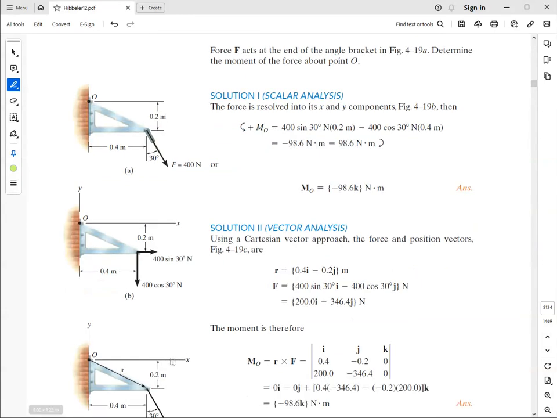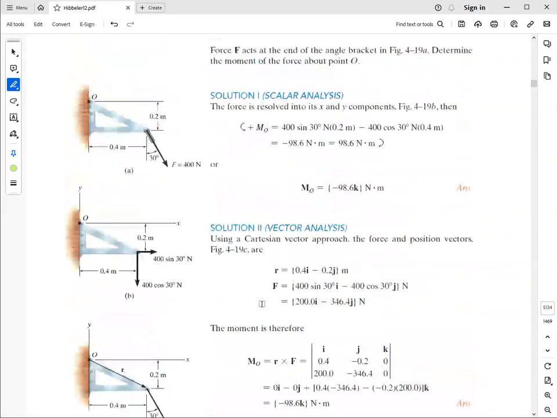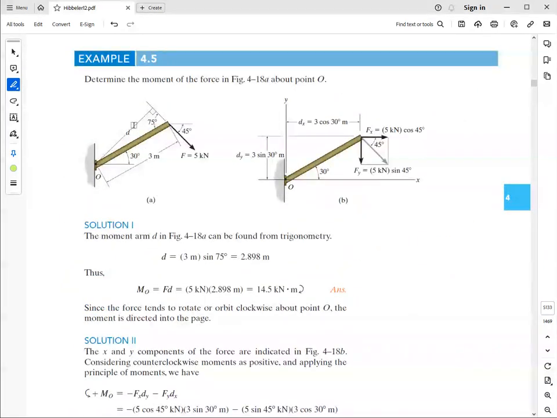And another example of the same nature. Again, you can evaluate directly. It might be the most difficult approach to evaluate the arm of the moment, the distance between the point of rotation and the line of action of the force.